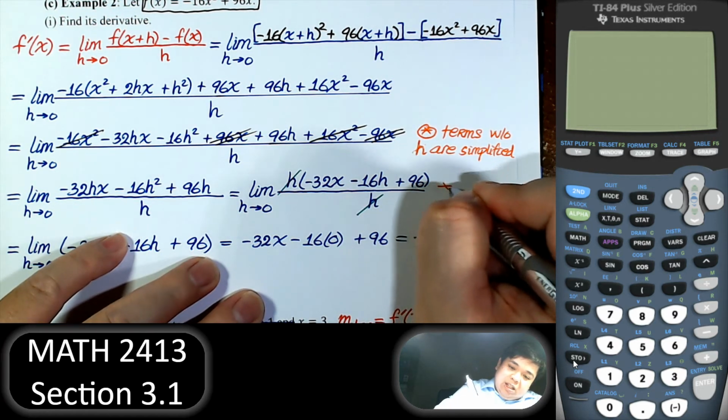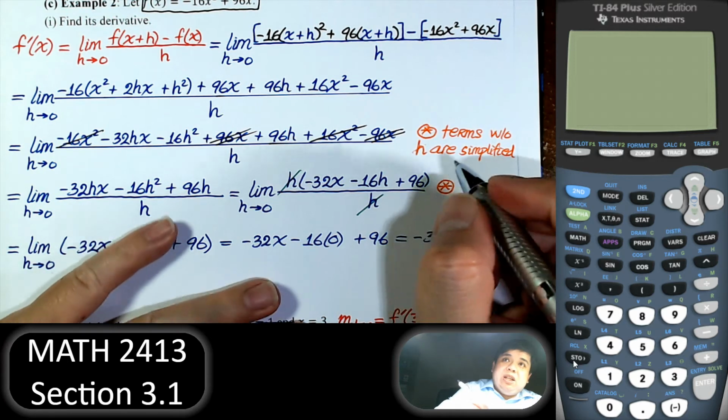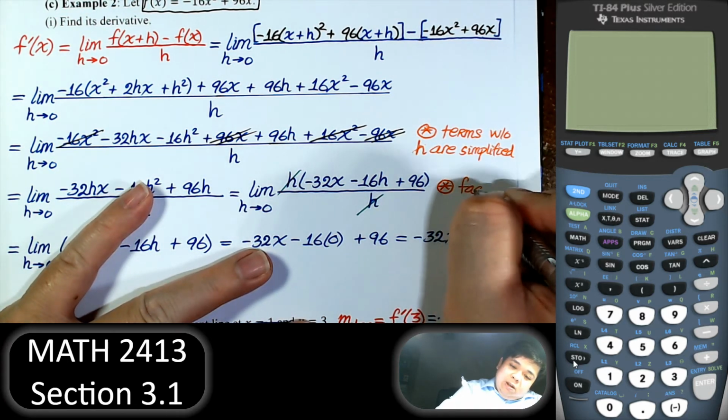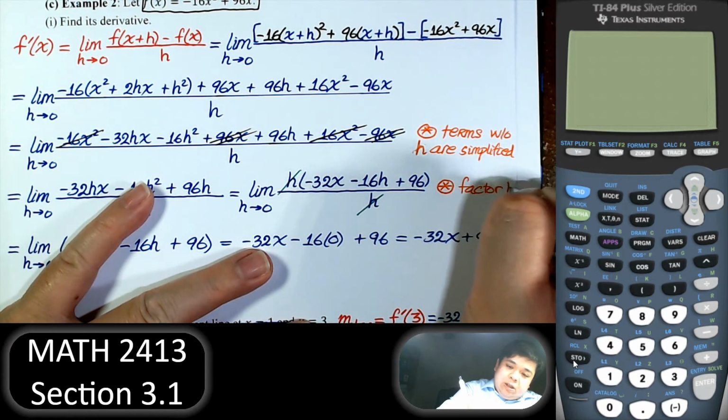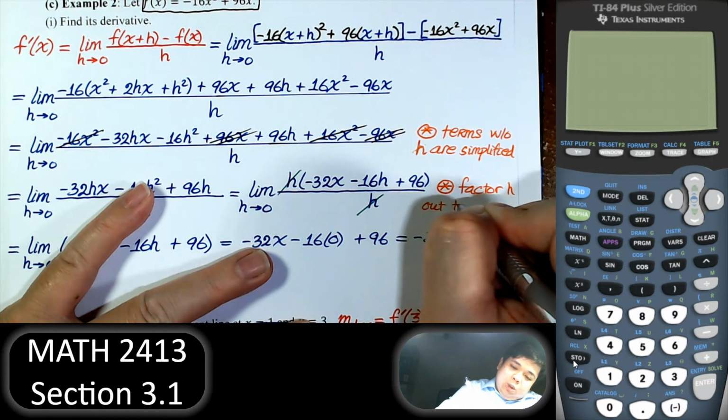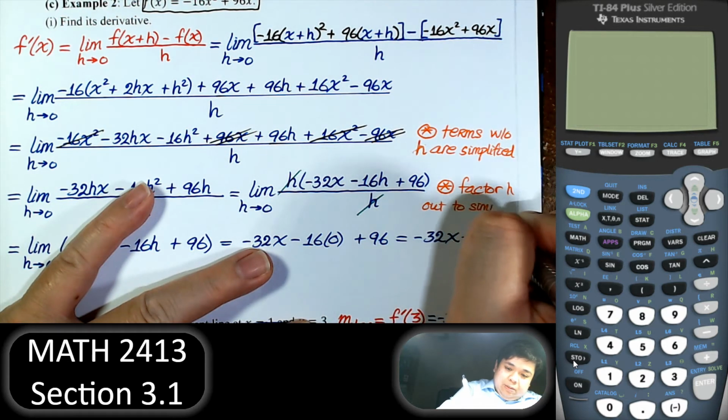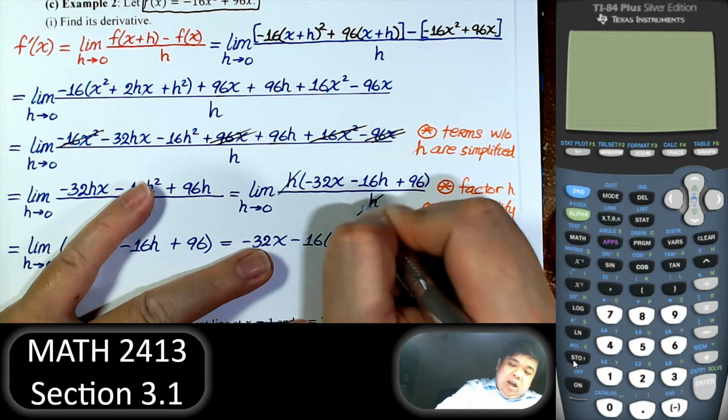So the next step that we usually see is to factor h out to simplify the h in the denominator.